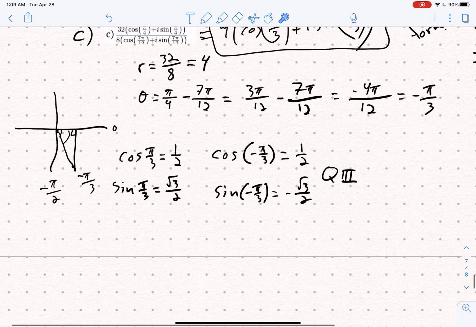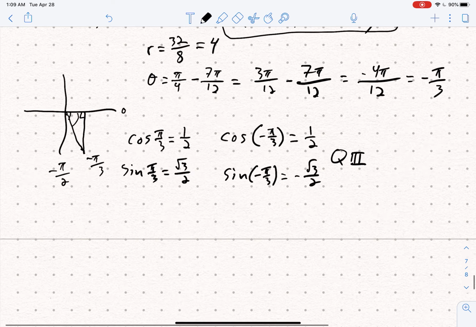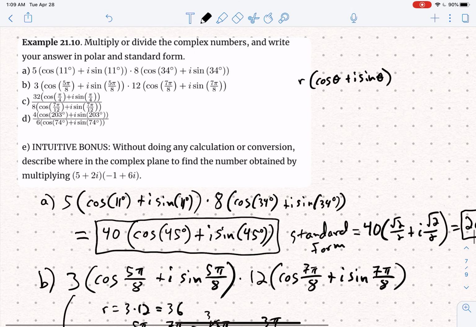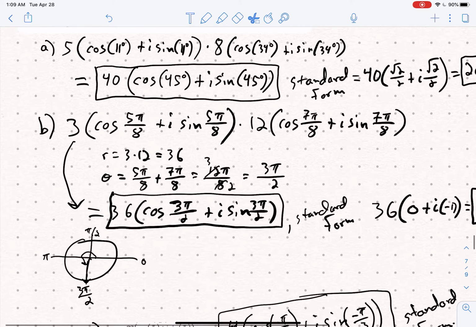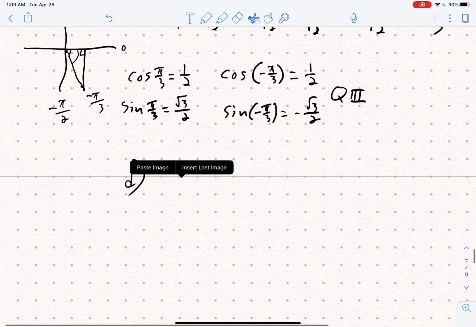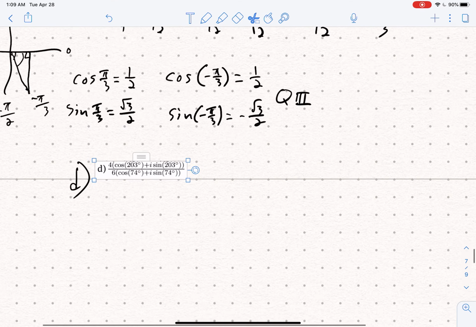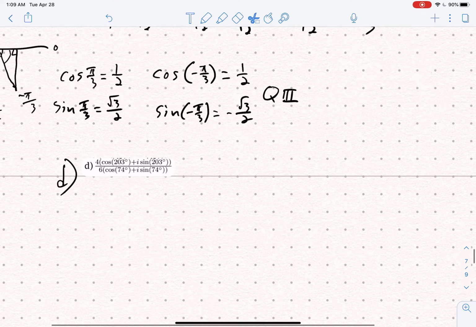Okay, so let's look at D. Here we'll once again go ahead and grab it. For this one, I noticed, first of all, that they are working in degrees rather than in radians.